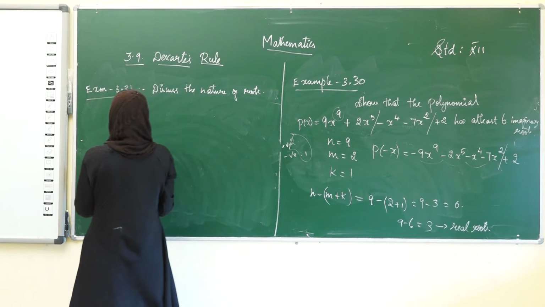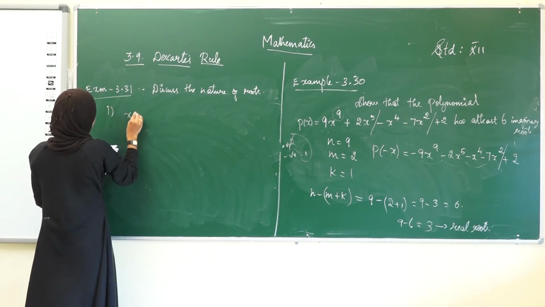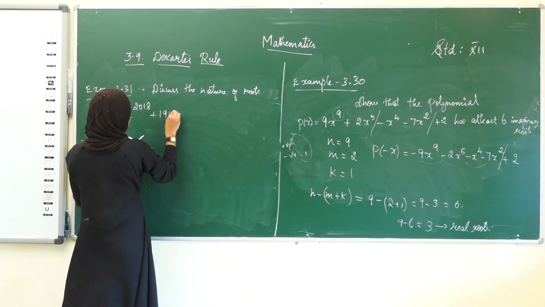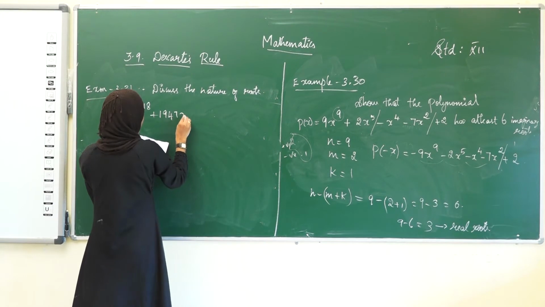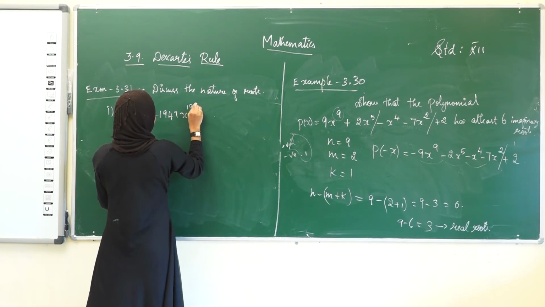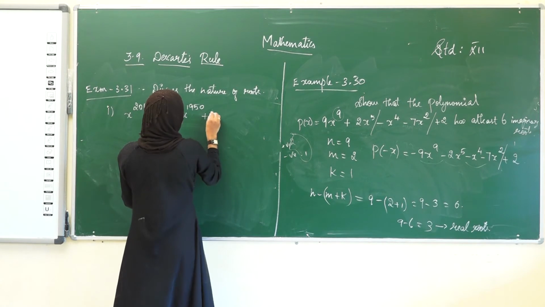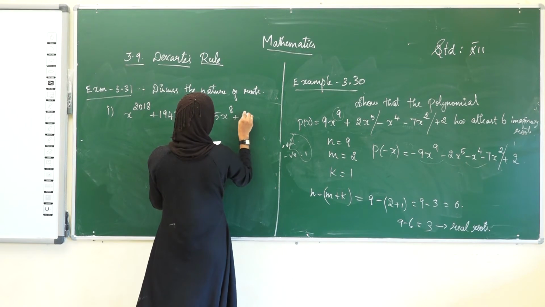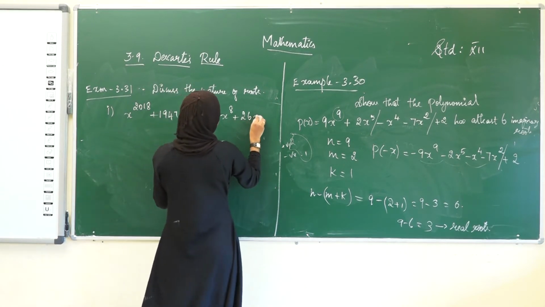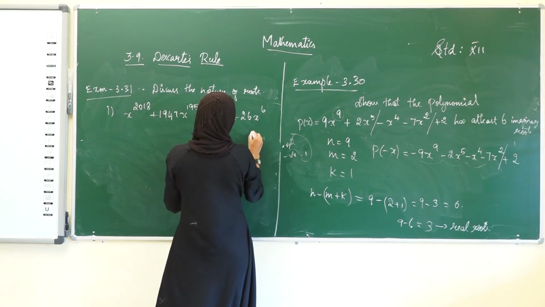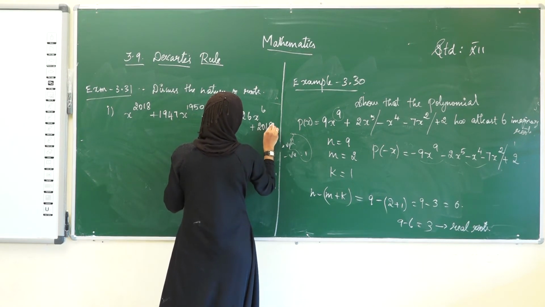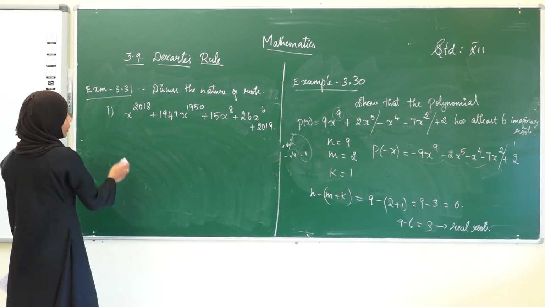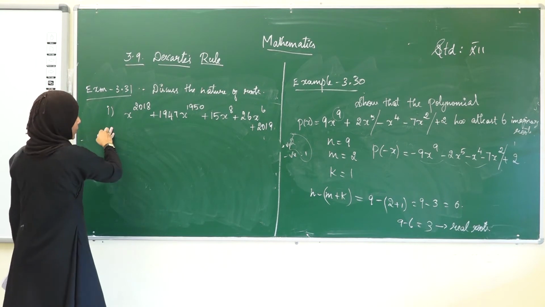So, we have to find what are the roots. x^2018 + 1947x^1950 + 15x^8 + 26x^6 + 2019. Okay, we have to discuss the nature of the roots.